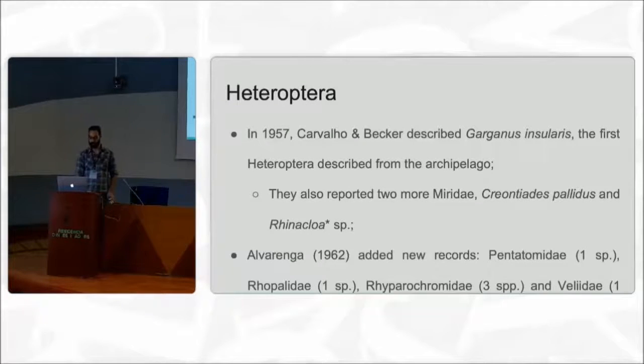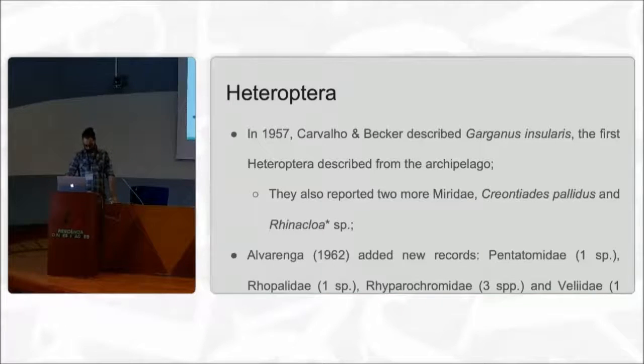So finally, Heteroptera. In 1957, Carvalho and Becker described the first Heteroptera for the archipelago, which is a mirid. They also reported 2 miri­ds and one Hyalochloa, which was just one specimen. He couldn't precise the species.